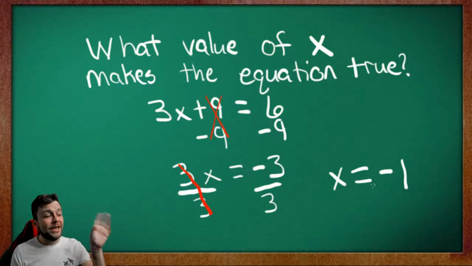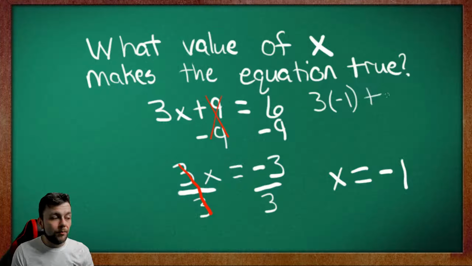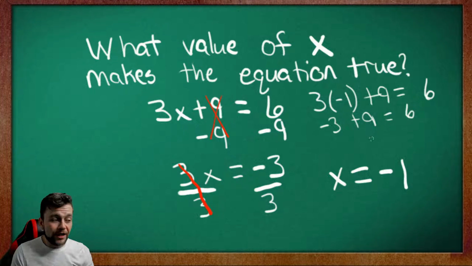So if we were to take that and plug it back into our original problem, right? So 3, and then instead of writing the x, we put a -1 plus 9. Does that equal 6? Yeah, 3 times a -1 is a -3 plus 9. -3 plus 9 is 6, and 6 equals 6.